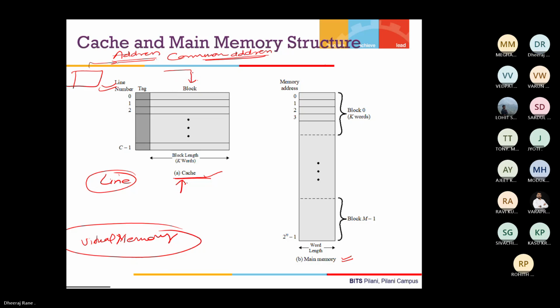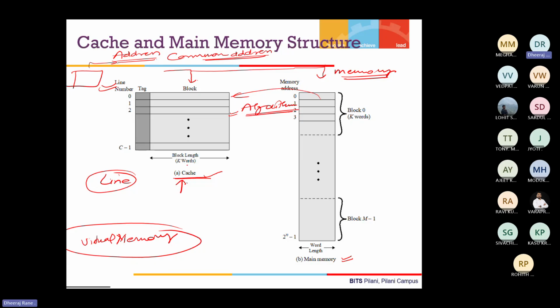If not, then a reference is made to the memory, and that word is brought into the cache as per the algorithm being followed. It is brought into the cache and later accessed by the processor. Any subsequent access will then be done through the cache only.